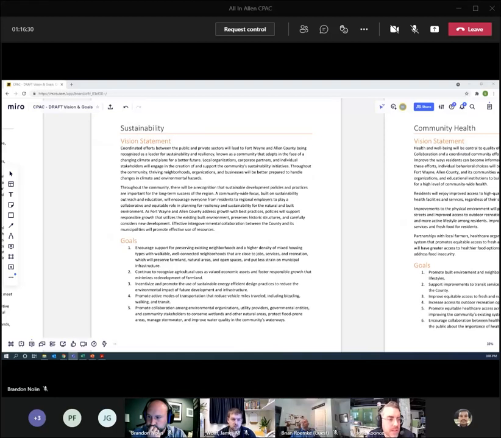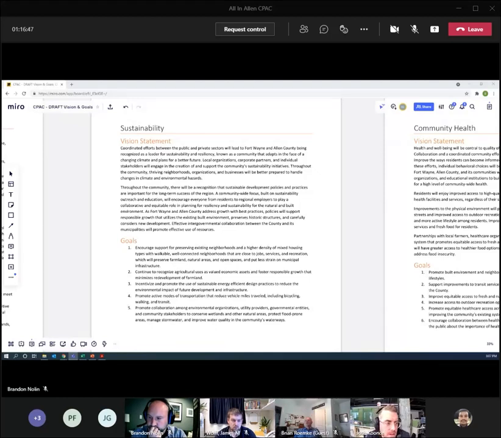The vision talks about best practices for growth, including sustainable infrastructure extension and the importance of intergovernmental collaboration on sustainability efforts. This was a really engaged group, and we had a lot of good discussion as we put together this vision.